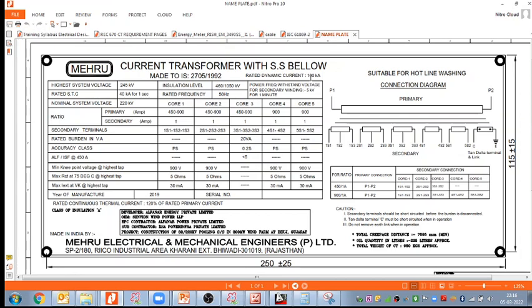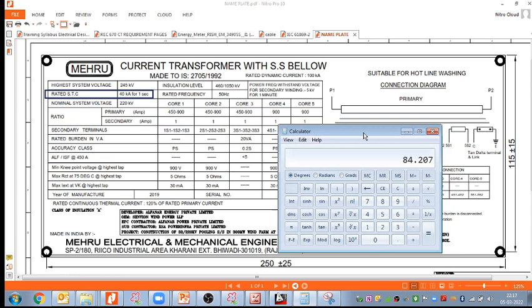Rated dynamic current is given as 100 kiloampere. It means my fault current for the 220 kilovolt system is 40 kiloampere, as we can see here. My fault current, the STC short time rating, short circuit rating we can say, is 40 kiloampere. So dynamic current is 2.5 times the rated short time current.